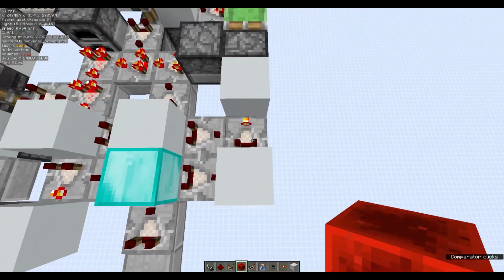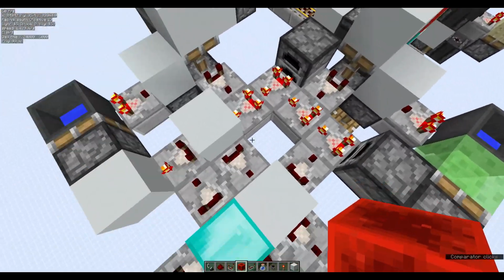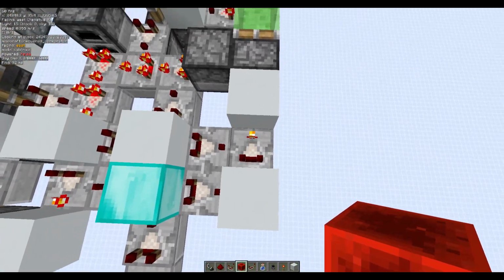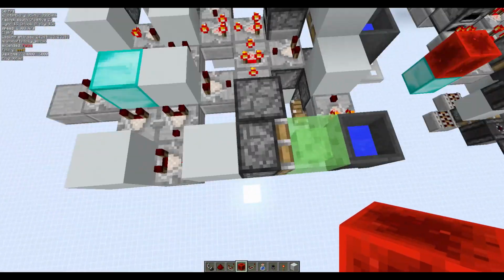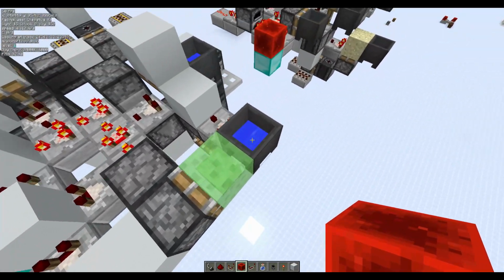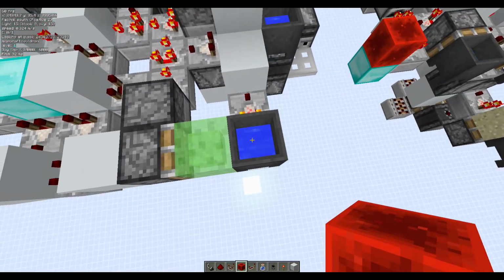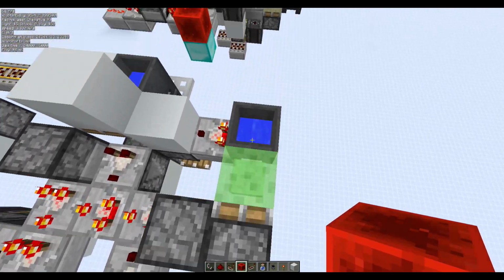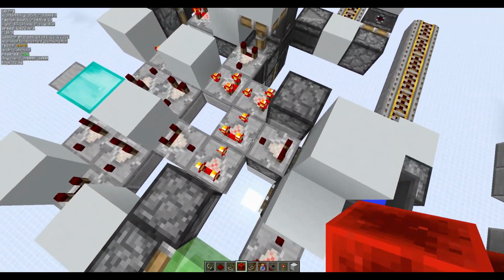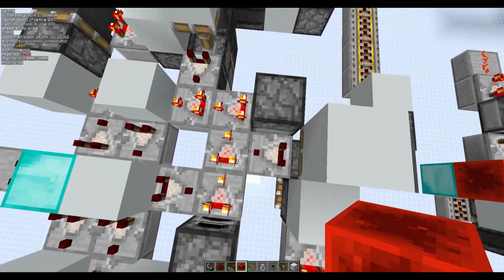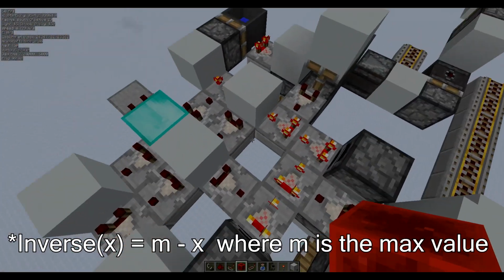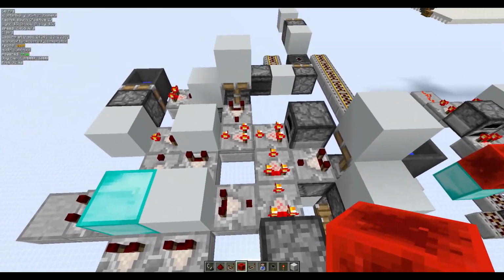If we have a value in memory and that value is greater than the input here, then it will turn this off and make sure that this cauldron is retracted. If not, it will extend this. And what we do here is subtract from a sort of inverted value in memory. So that's how we add.